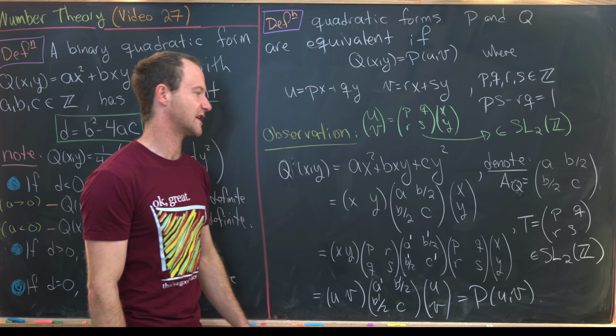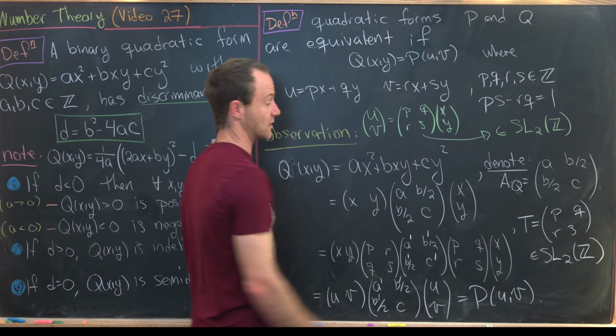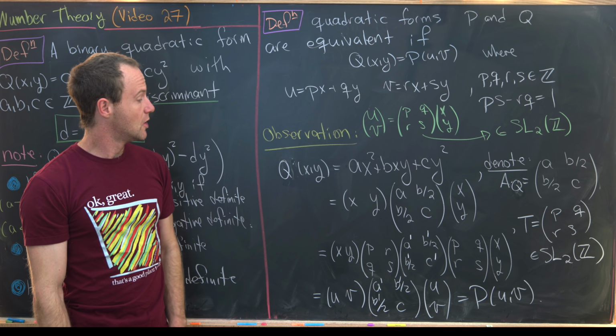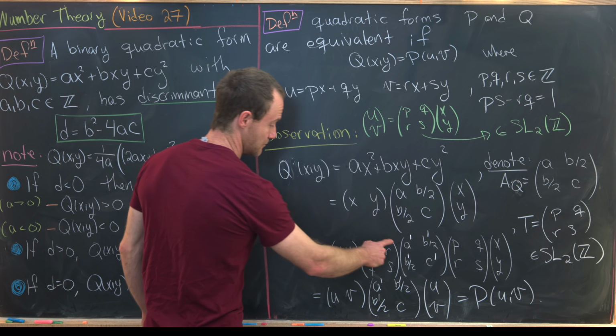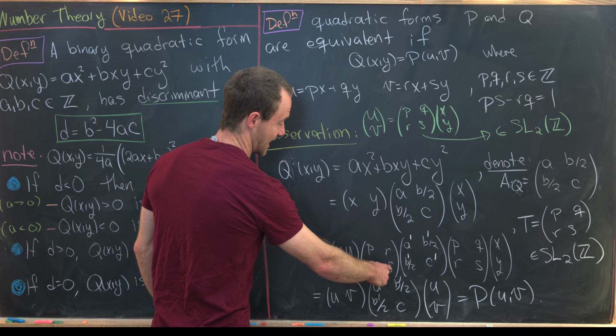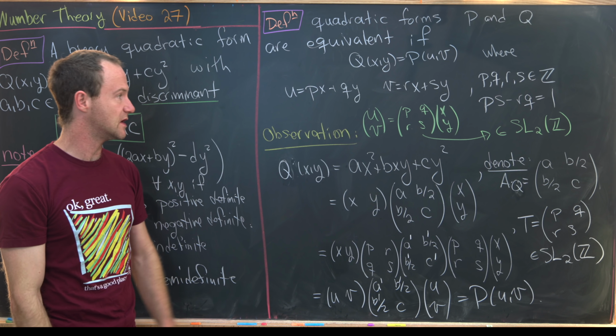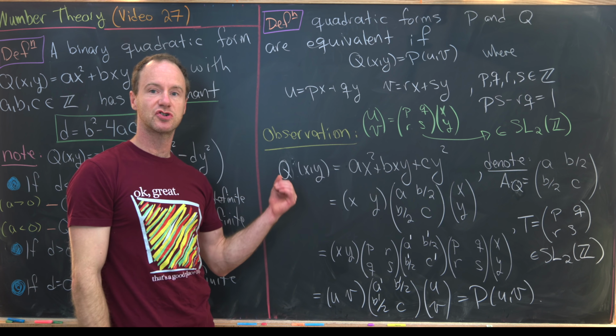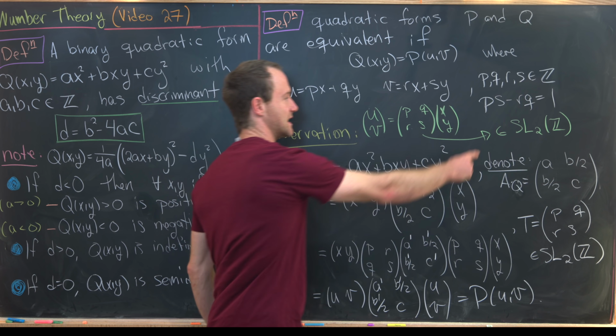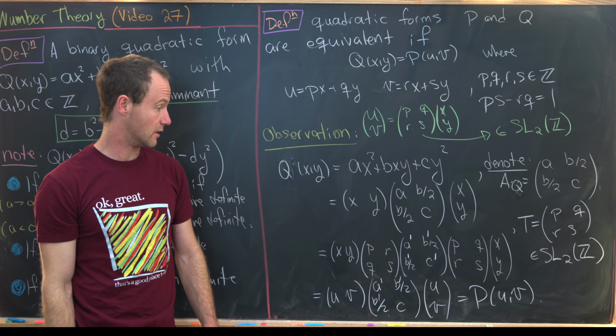It's pretty easy to check that if we multiply these all together, we get this scalar function. But then we can take this matrix (p r; q s), which is in fact (p q; r s) transpose or (p q; r s) inverse. Transpose and inverse will be the same thing in SL2Z though.